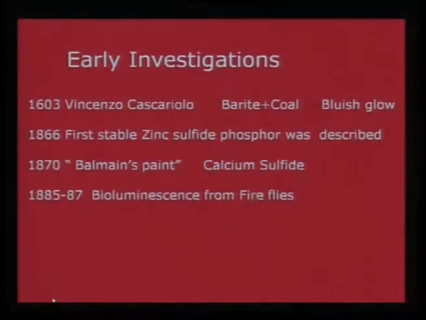Since then there have been several revisitations of this issue of glowing materials. In 1866 the first stable zinc sulphide phosphor was described, then calcium sulphide was discovered in 1870, and in 1885-87 the concept of bioluminescence from fireflies was also observed.